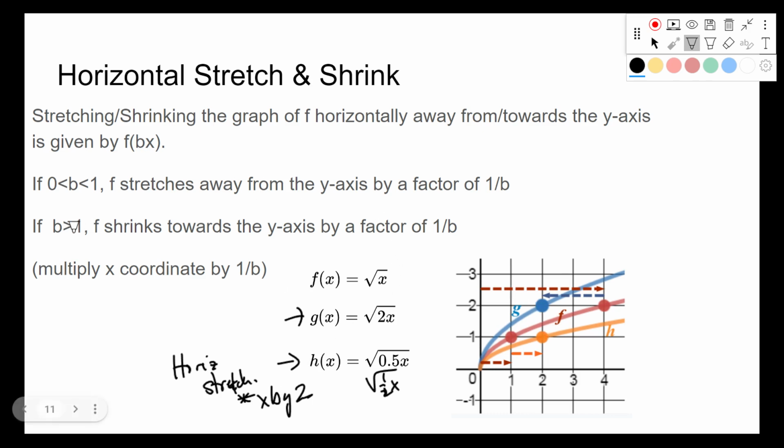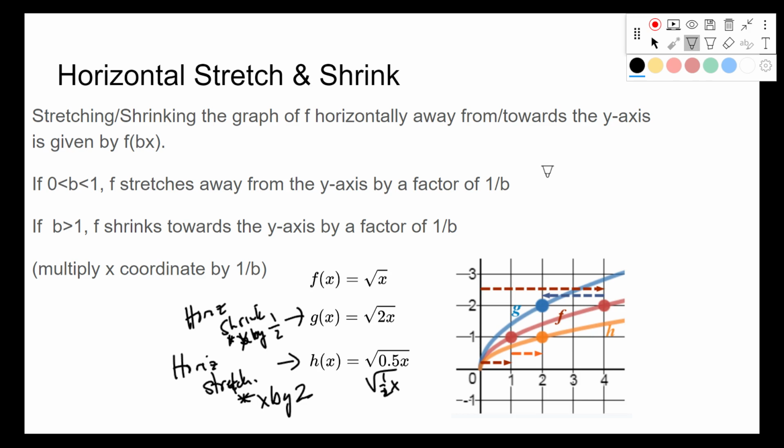Okay? If b is greater than 1, it shrinks toward the y-axis by a factor of 1 over b. So if g of x is the square root of 2x, so this would be a horizontal shrink. You'd multiply x by the reciprocal, 1 over 2. All right, which moves the graph this way toward the y-axis.